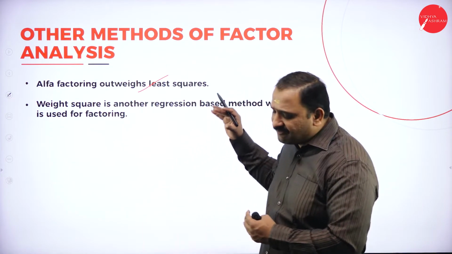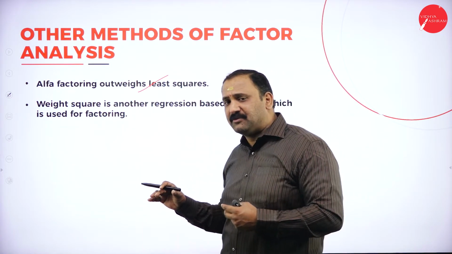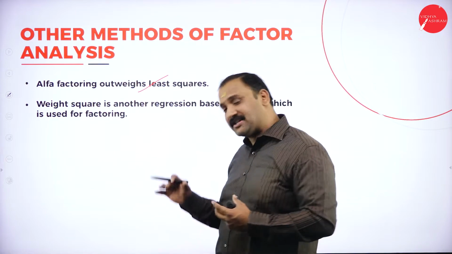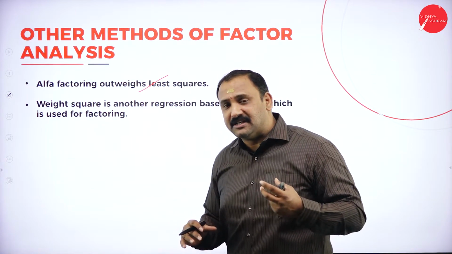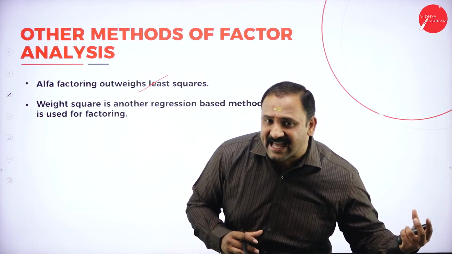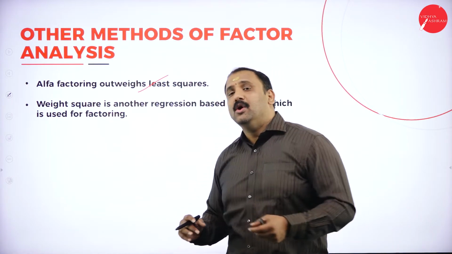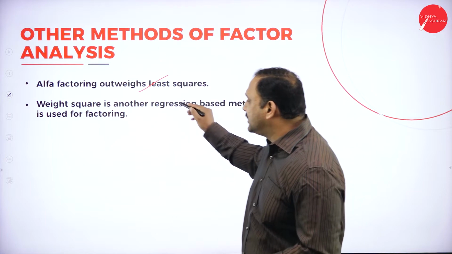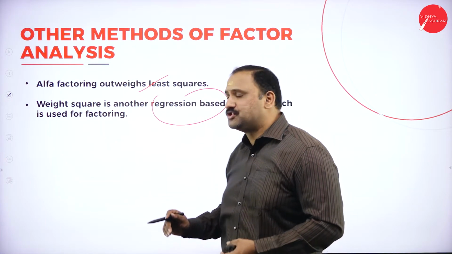So even this alpha factoring method is very, very interesting for us to know. Why? Because that will give us quite a predictive analysis altogether. Now, we are also going to talk about weighted least squares, another regression-based method which is used for factoring.